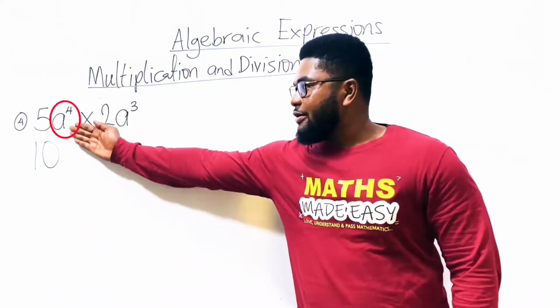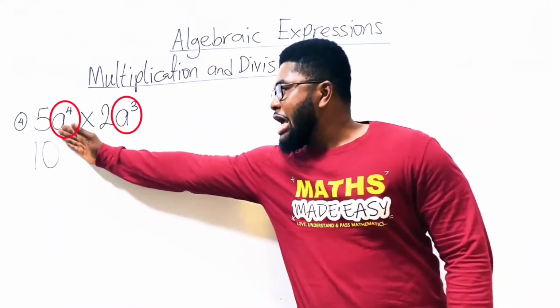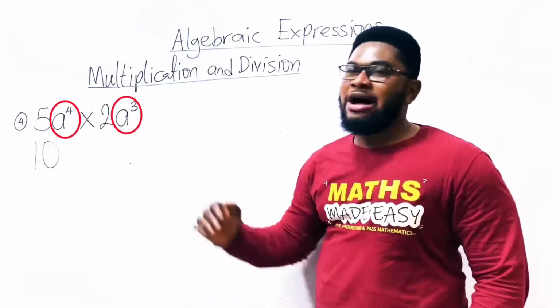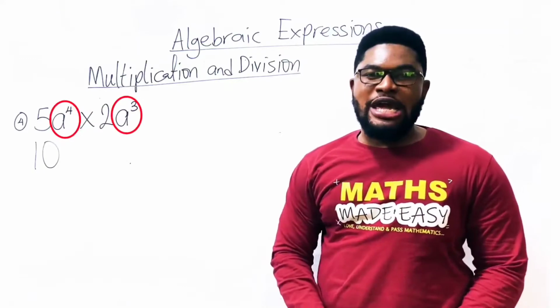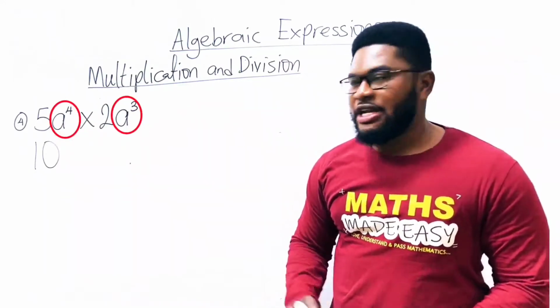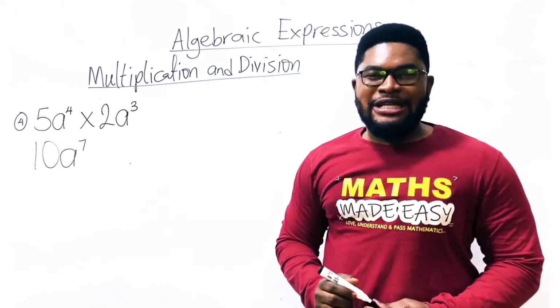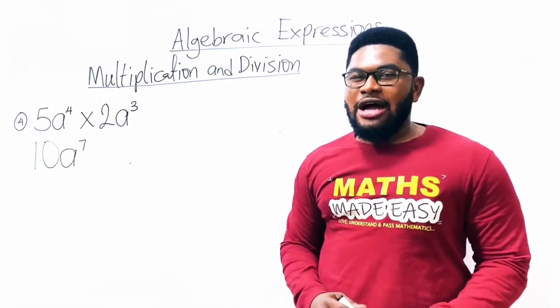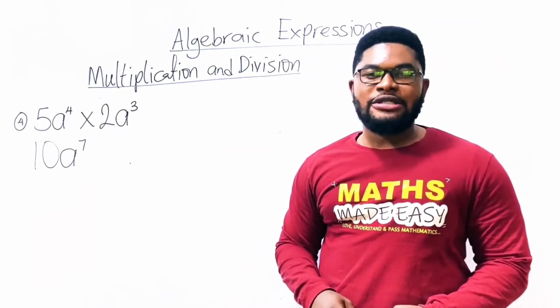We have a to the power 4 and a to the power 3. Since they are multiplying, the powers of the variable a will add, giving us a raised to the power 7. So for this matter, the final answer will be 10a raised to the power 7.